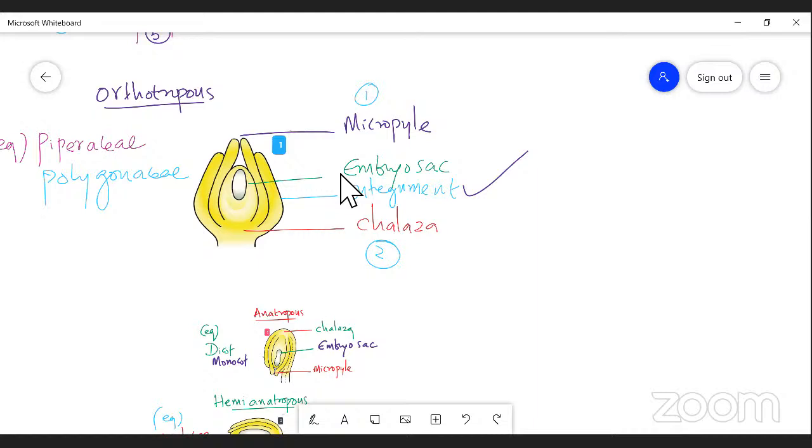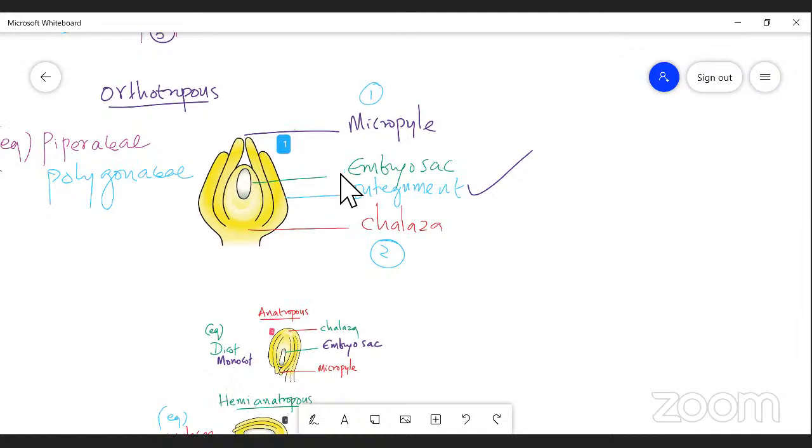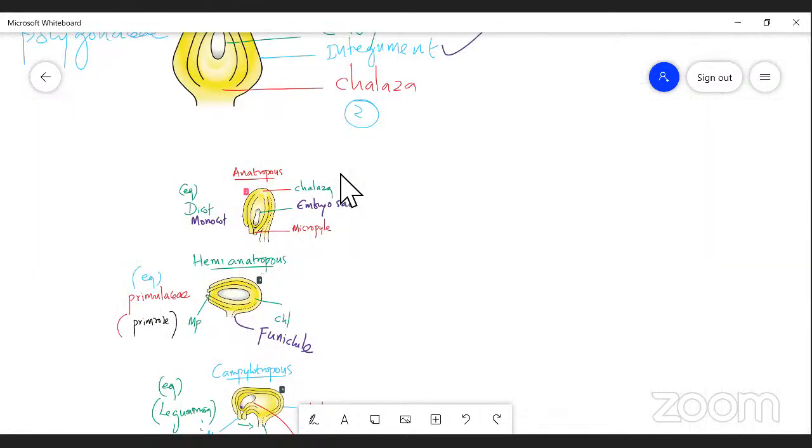What is the first type of ovule? Orthotropous ovule. Very good. Okay, what is the second? Will you give an example for the anatropous ovule? Did you understand what I taught you today? Dicot and monocot. Very good.